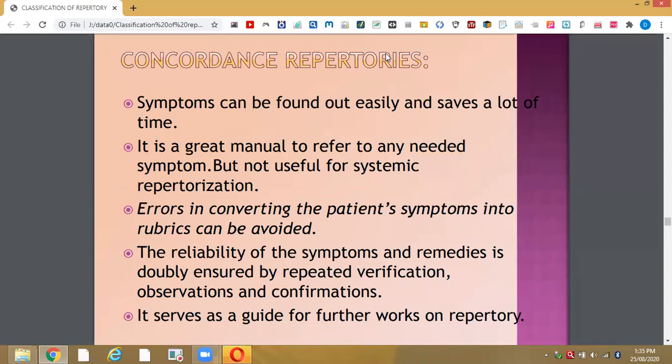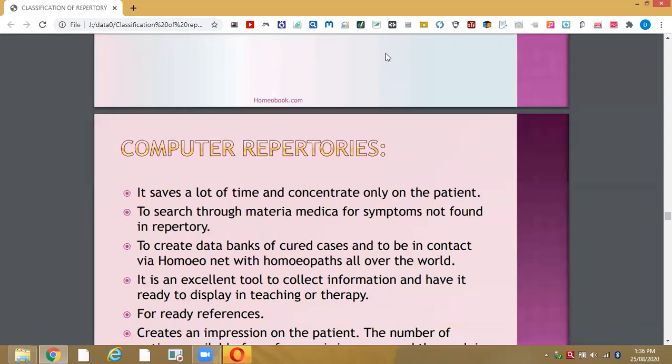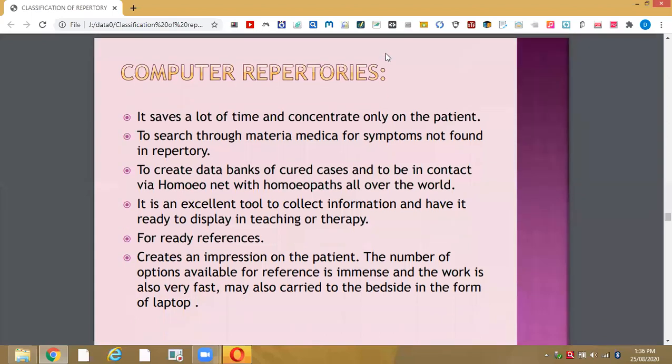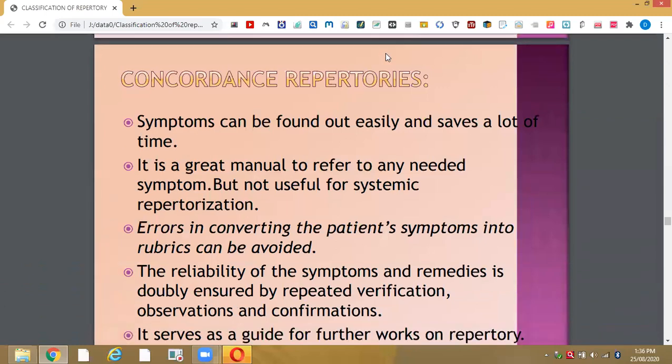So when a short note comes on concordance repertory, Puritan repertory, or computer repertory, you should write down what these repertories are, examples of these repertories, and the importance or use of these repertories. When there is a short note on computer repertory, you should write down the importance of computer repertories, and in the same way under concordance repertories.